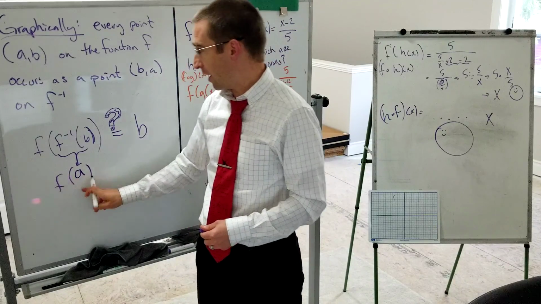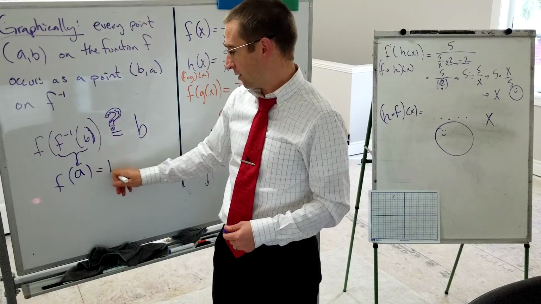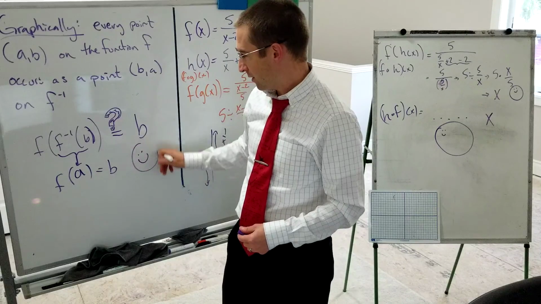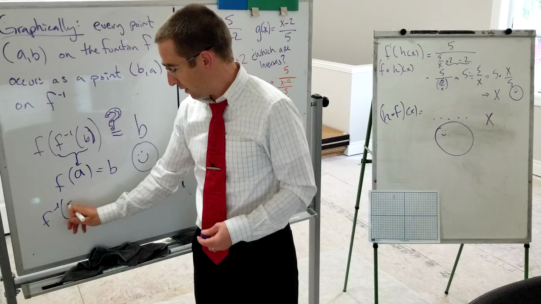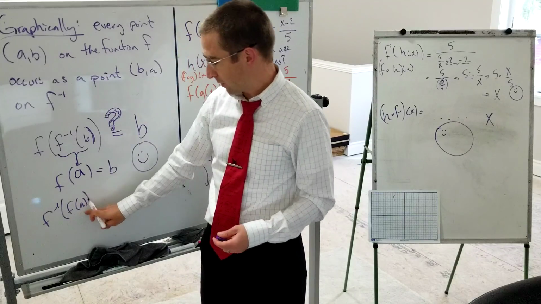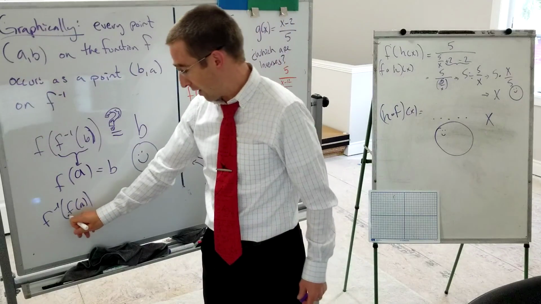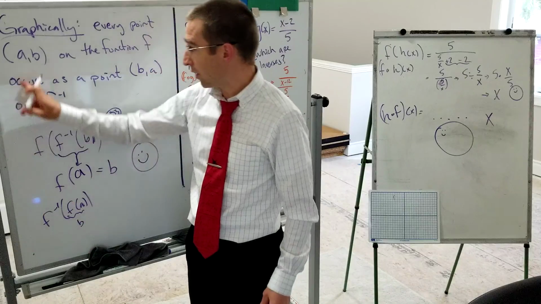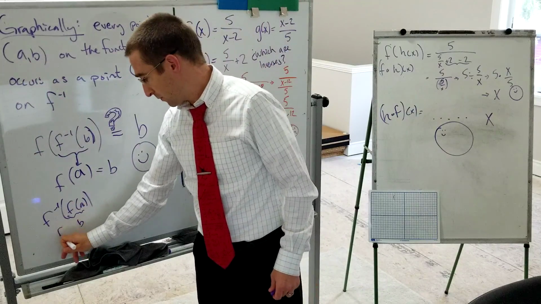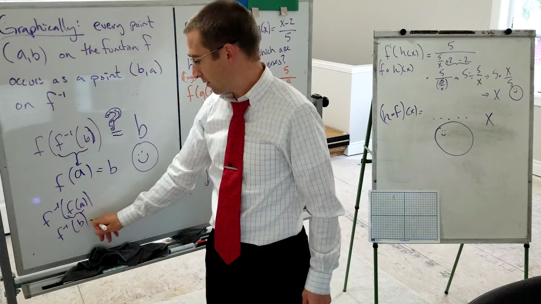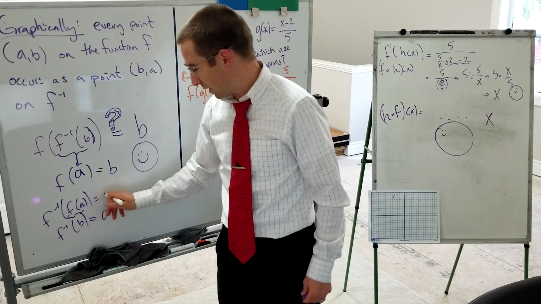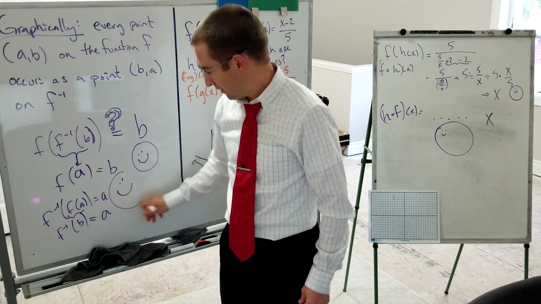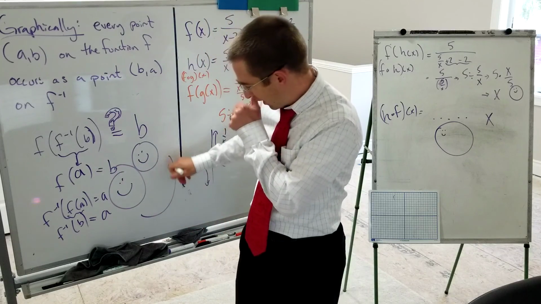And what's f of a? Well, it goes to b. Hooray! Same thing. If I go f inverse of f of a, the x number is a, well, f of a is b, because a goes to b. F inverse of b is a. So it equals a. We're really happy, right?